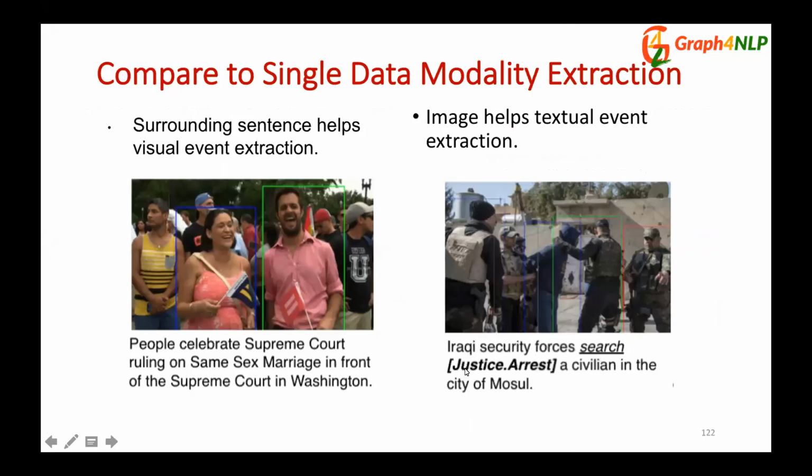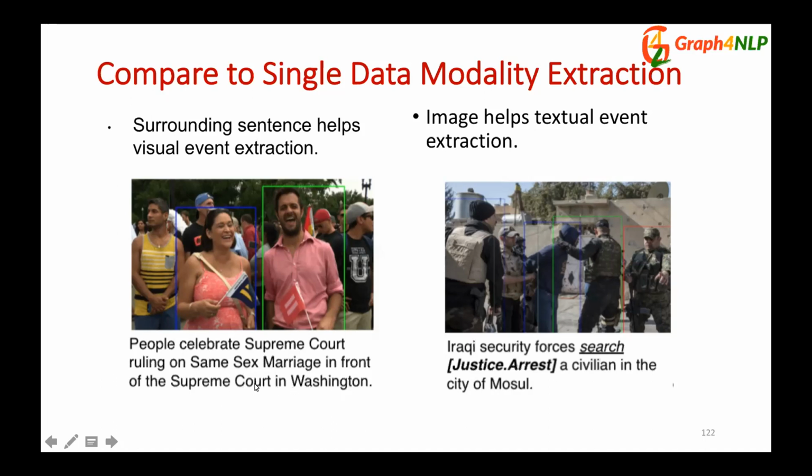So we are trying to compare this with the single data modality models. For the left image, you can see that if we don't have a very powerful facial expression recognition system, we will fail to identify the event type for this image. So we may mistakenly identify this as a protest.